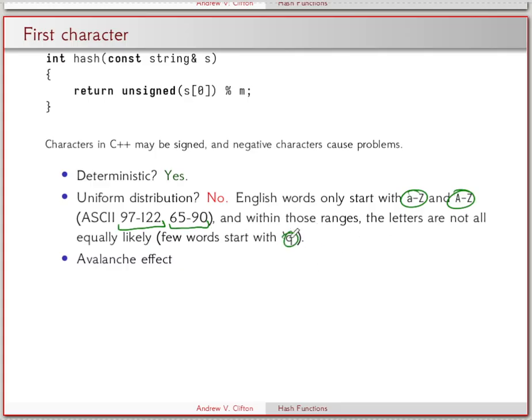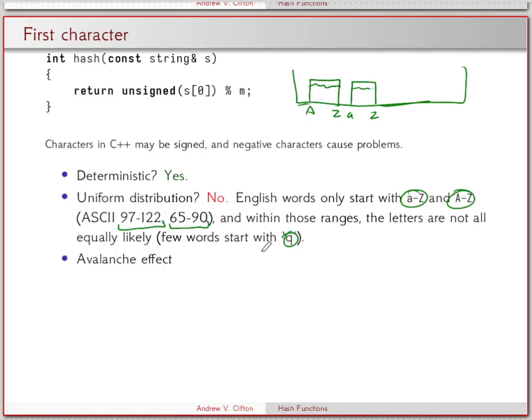There's not very many words that start with Q. There's not very many words that start with Z. So if you were to plot out a histogram of our distribution, basically there would be a spike between uppercase A and uppercase Z, and then another spike, not even a flat spike, between lowercase a and lowercase z, and everything else would just be zeros. So the distribution would not look uniform at all.